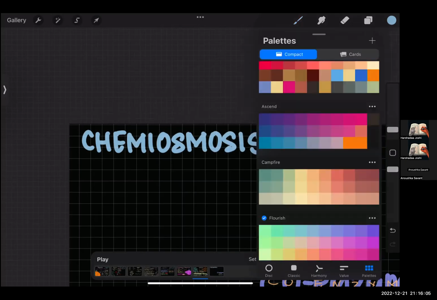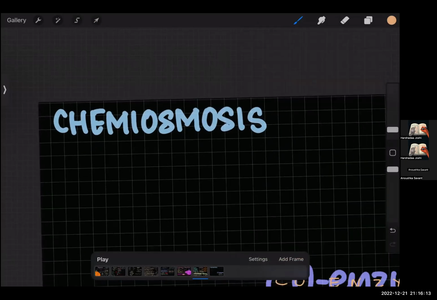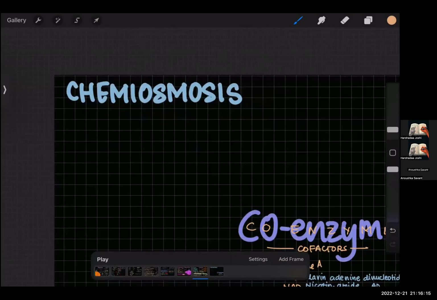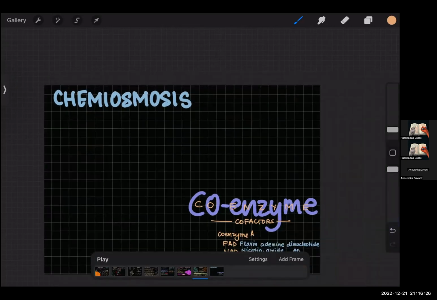What exactly is happening in this process? Whenever you look at the chemiosmosis, I will give you, let's say, 8 points. You chop down these 8 points in a way that you can make a 4 mark answer. This is the entire detail. You make it shorter and write according to what feels good to you.